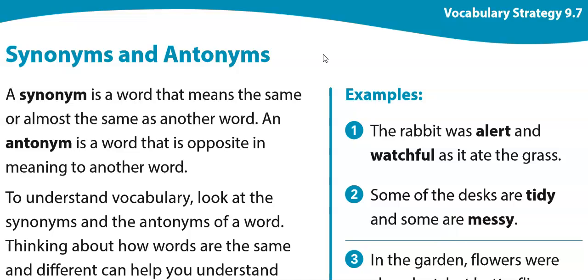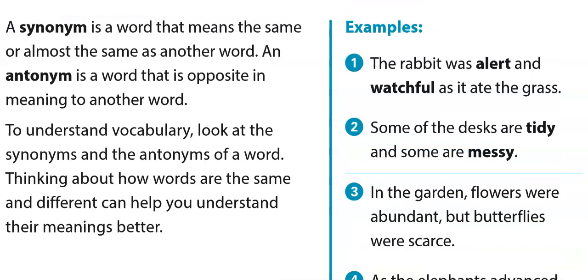They mean almost the same thing. You would just think of them a little differently. All right, so to understand vocabulary, look at the synonyms and antonyms of a word. Thinking about how words are the same and different is going to help you understand their meanings better. So let's look here at an example.